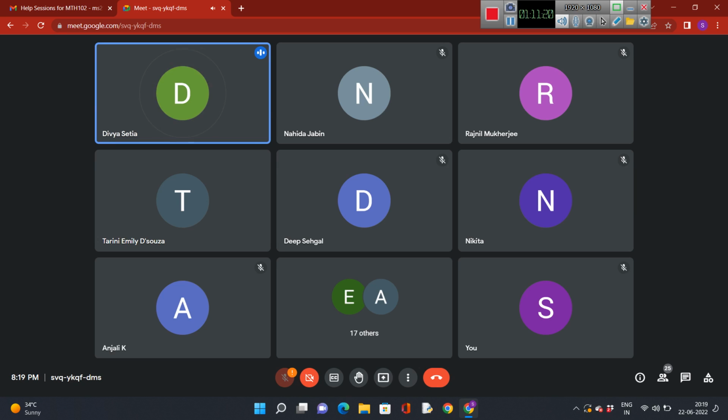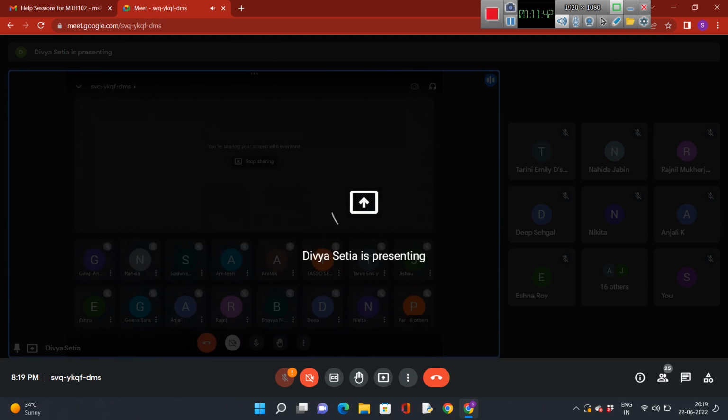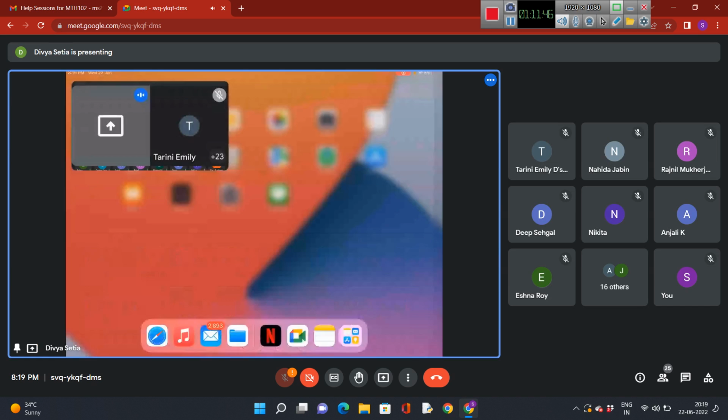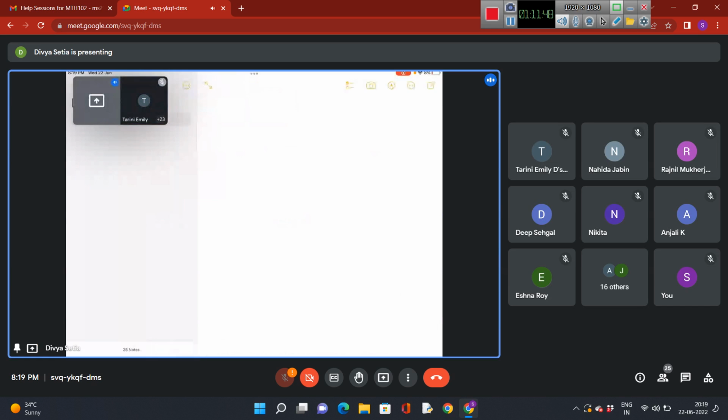Yeah. So, Tarini, yes. The screen is not visible. No. So when does the screen sharing start? Have you seen the problem that I have given for the next class?